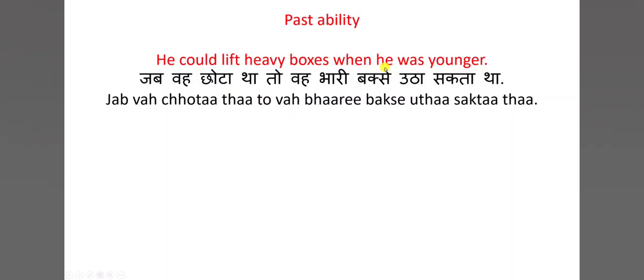Can he lift heavy boxes now? We do not know, and we do not care to. Okay? This sentence talks about the person's past ability, meaning whenever you gave him a heavy box when he was younger, he was able to lift it.